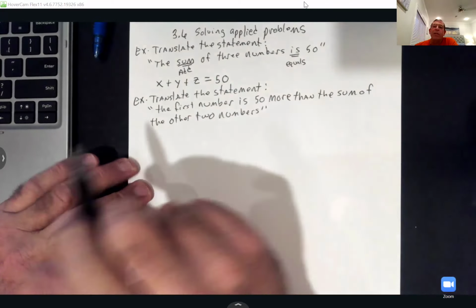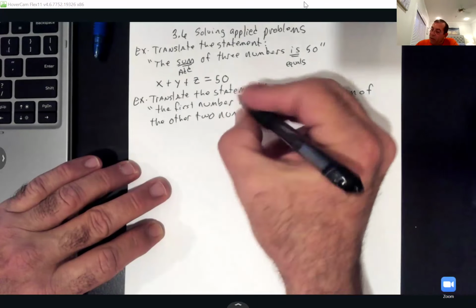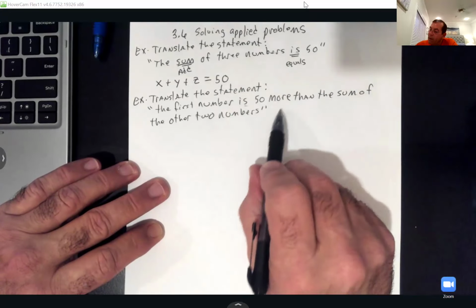And if you notice, once again, their keywords on here is my equals again.